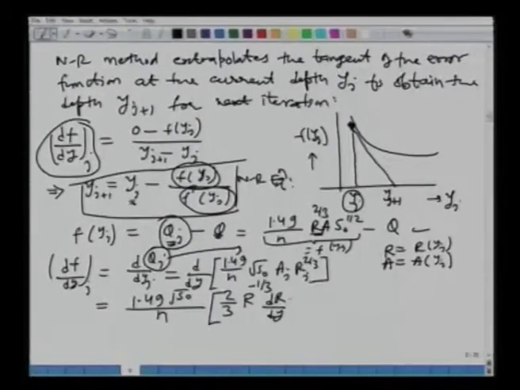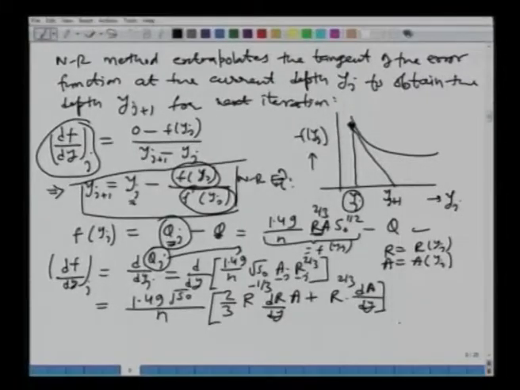And then you only have the A here. Then plus you would have R to the power 2 by 3 times dA over dy. See that carefully, you have A j and R j to the power 2 by 3, it is a product of two functions, and then you are just differentiating it.